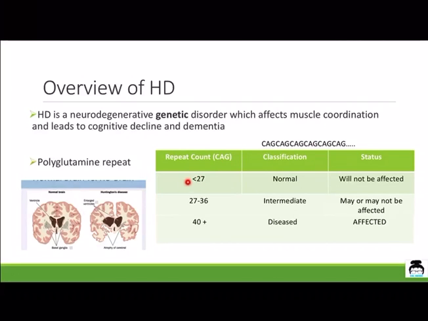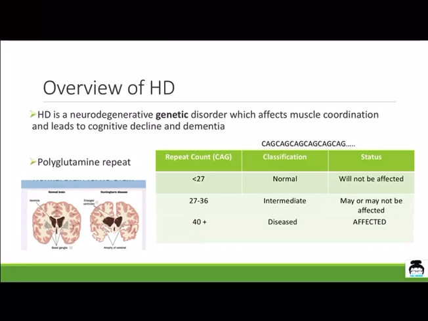So in other words, CAG is repeated less than 27 times. This is normal, right? Now, in some people, CAG will be repeated 40 times. If it is repeated 40 times, it causes something called Huntington's disease, which is basically a neurodegenerative genetic disorder.